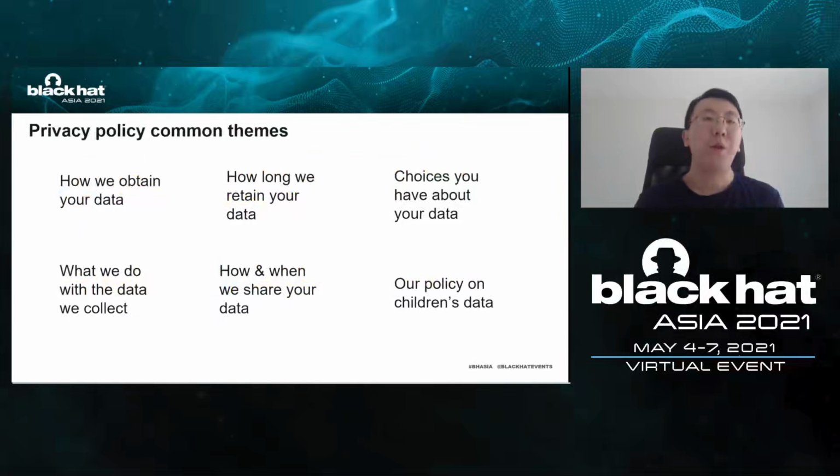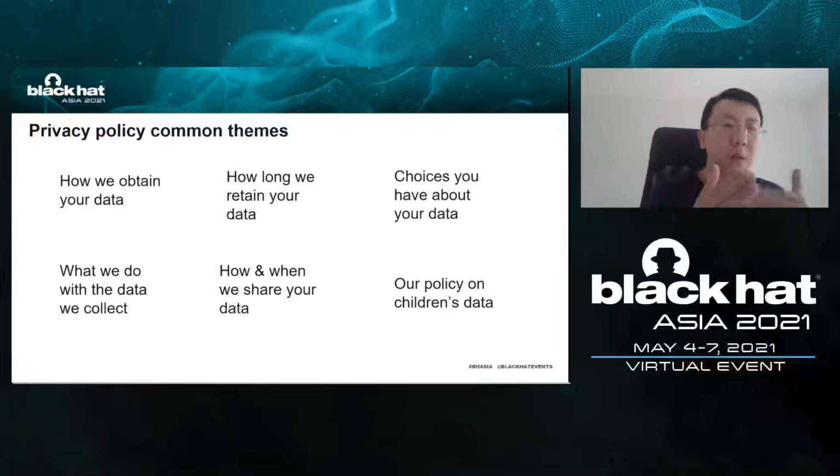If you go to Google Play and look at those major applications, you will find that they have such privacy policies. Basically, in those policies, they usually cover these six themes. The first one is how the application will collect the data: is it through API, through camera, through microphone, or through what? The second is the purpose of collecting the data.